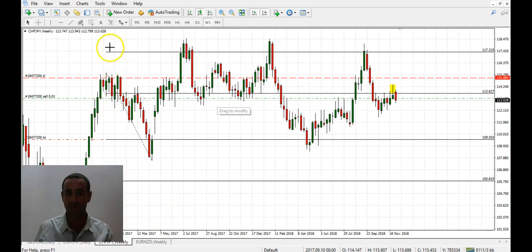This massive sideways movement, believe it or not, had started back at 2016, pretty much the last part of it. So we're talking about 2 years of massive sideways movement with every leg representing, I would say, probably the medium to major trend.